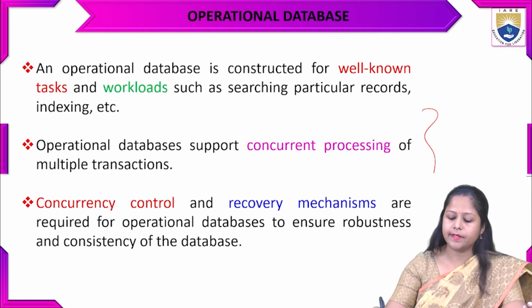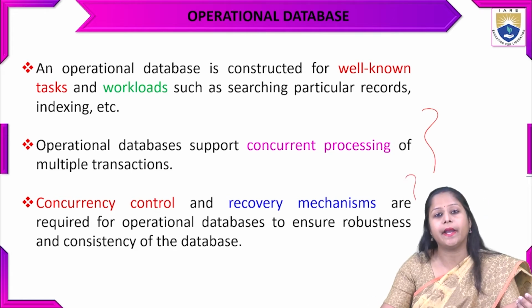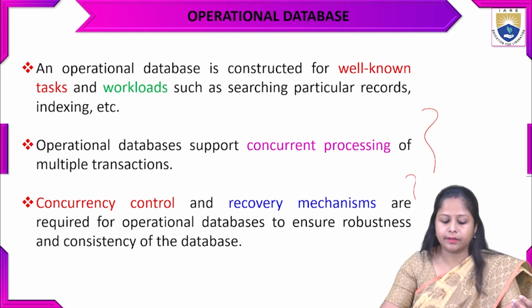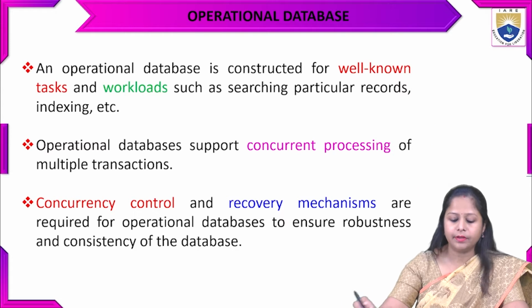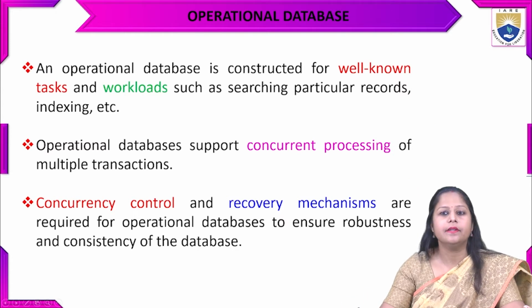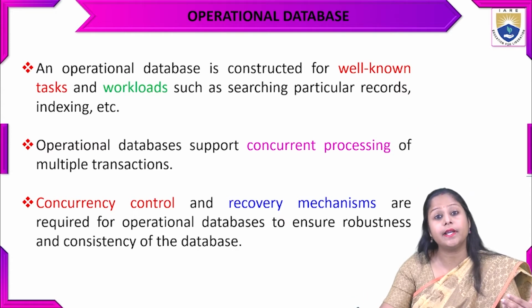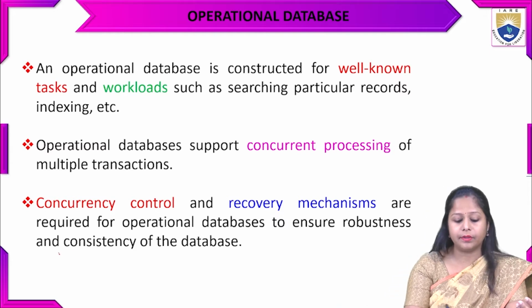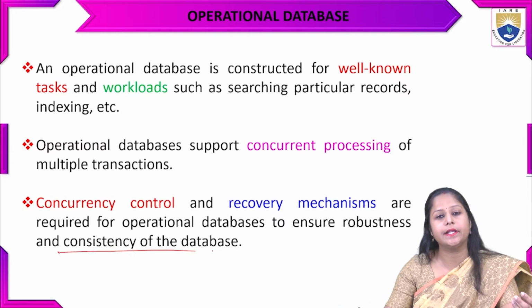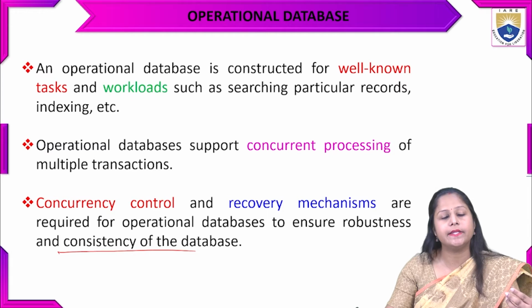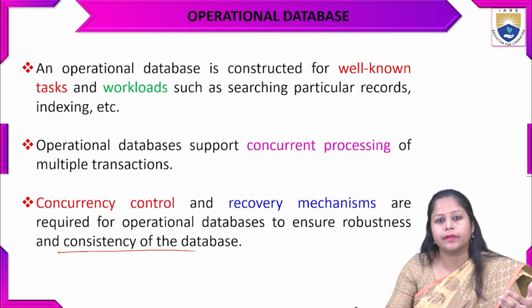The concurrency control and recovery mechanisms are required for this operational database to ensure that the data is robust, safe and secure, and that the consistency of the database is maintained by concurrency control and some recovery methods.